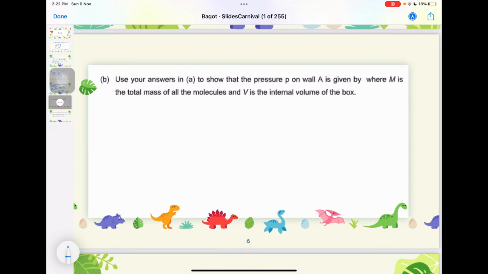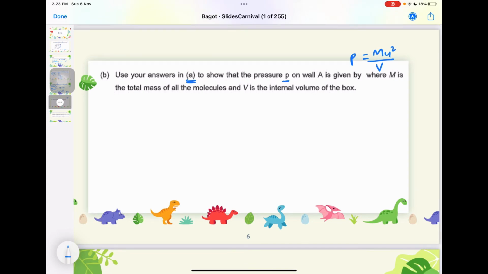Okay, so now for part B, we need to use the answer in A to show that the pressure P on wall A is given by P equals Mu squared over V, where M is the total mass of all the molecules and V is the internal volume of the box. So pressure is equal to force over area, right?